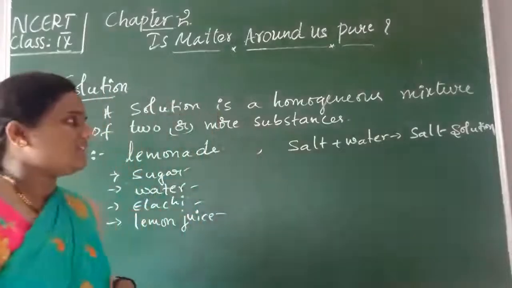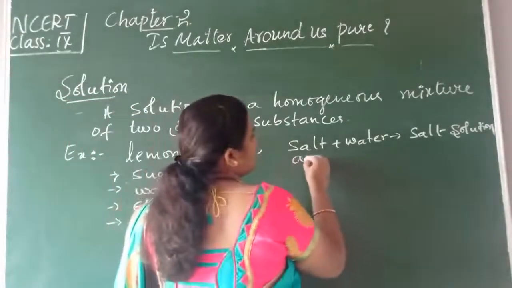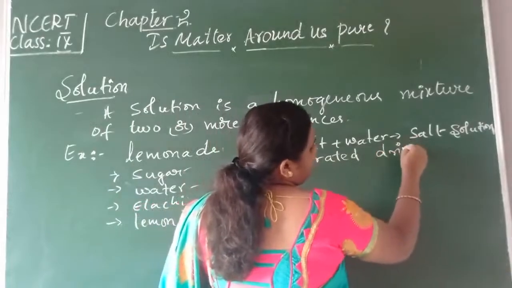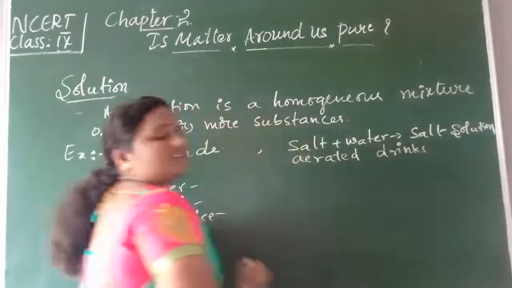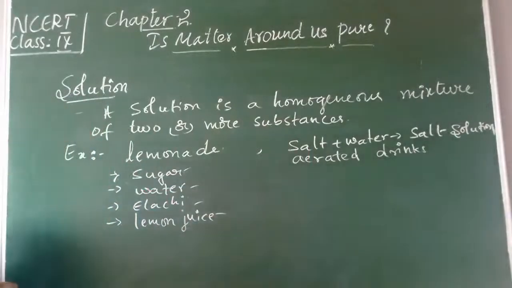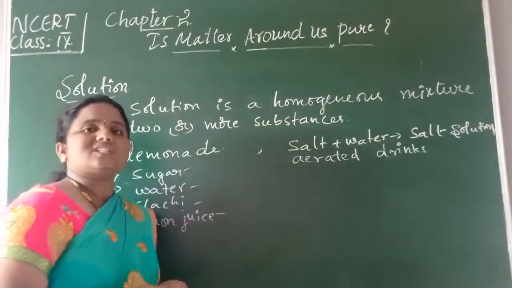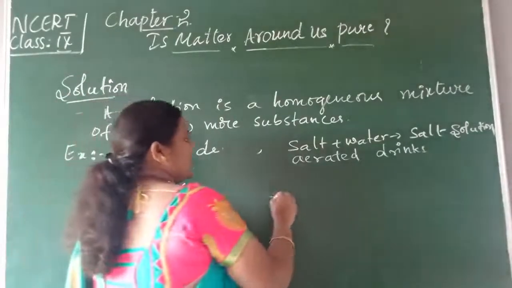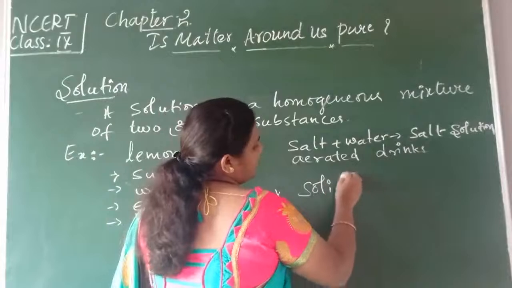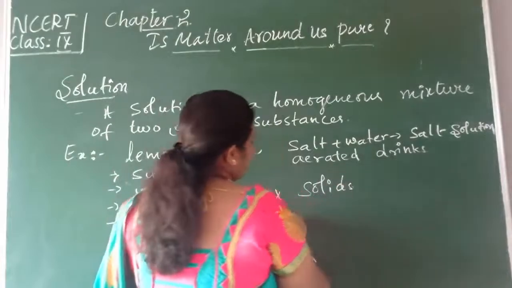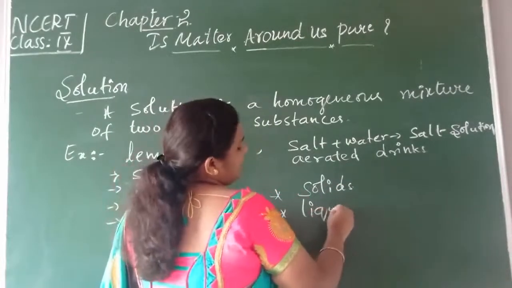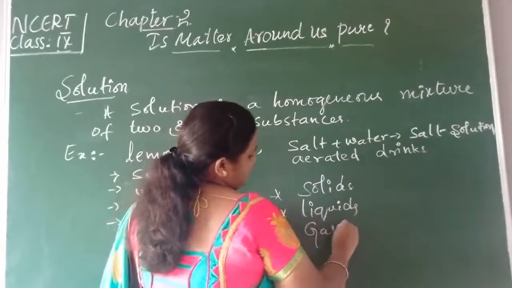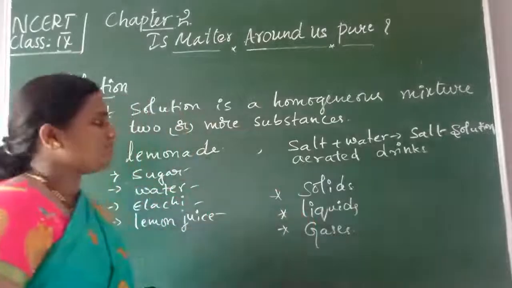Isn't it, children? Then aerated drinks also. These are all what here? Solutions. And solutions also come across in three different states of matter. That is, you will get solid solutions, liquid solutions, and even gaseous solutions.